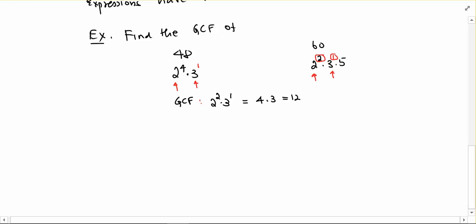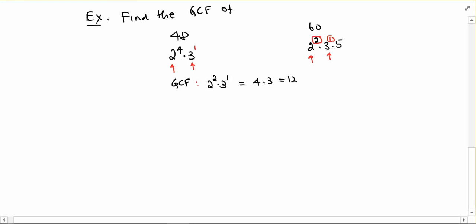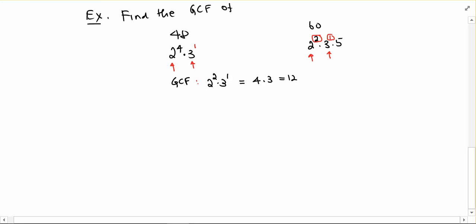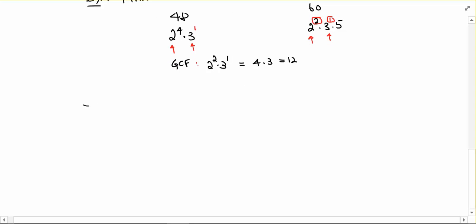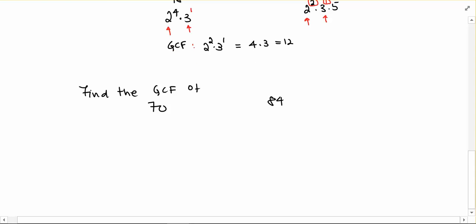Let's take a look at another example for GCF. Find the GCF of 70 and 84. Okay, so let's factor 70. This is even, so 2 and 35. 35 breaks apart as 7 and 5.